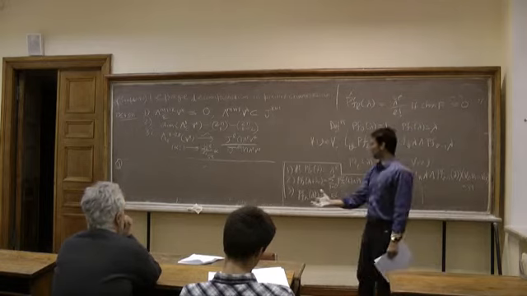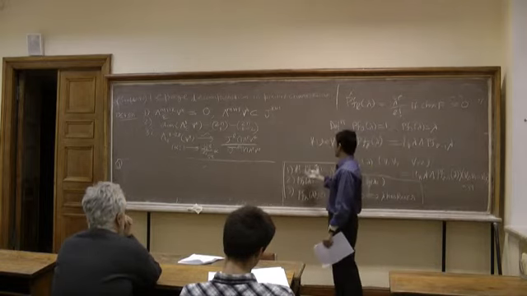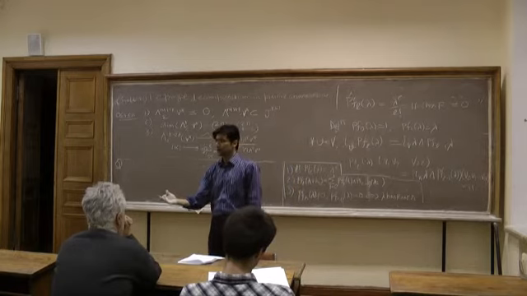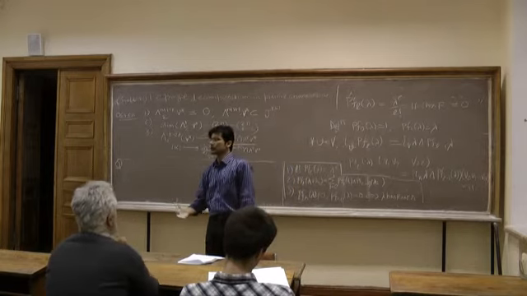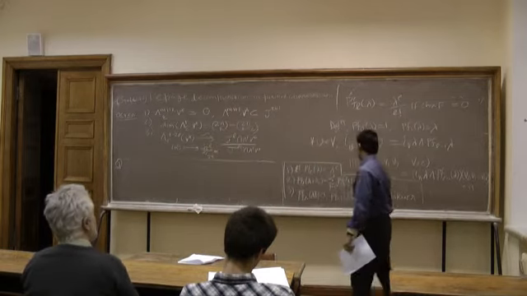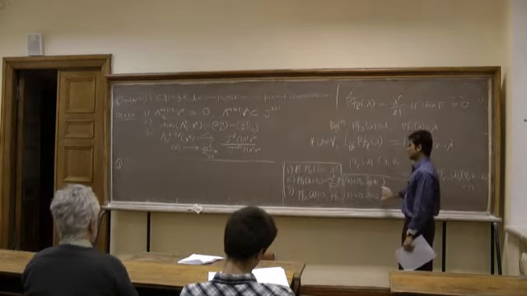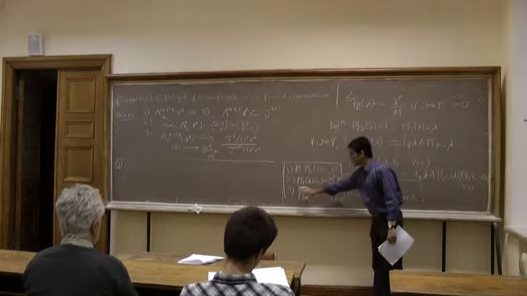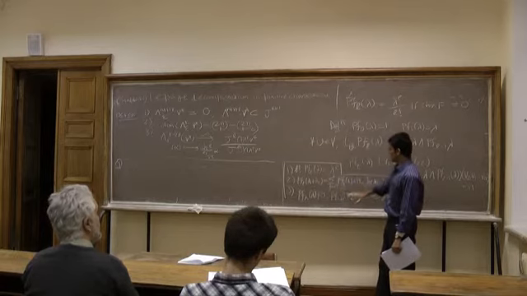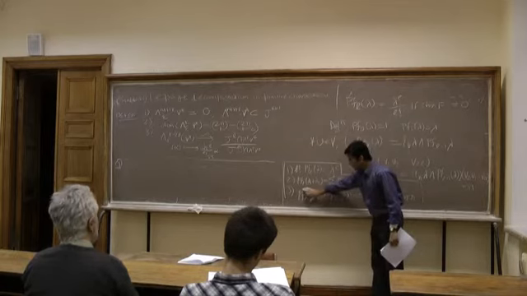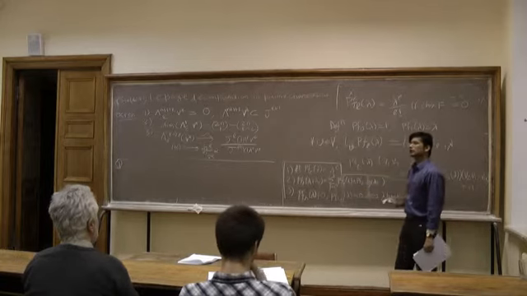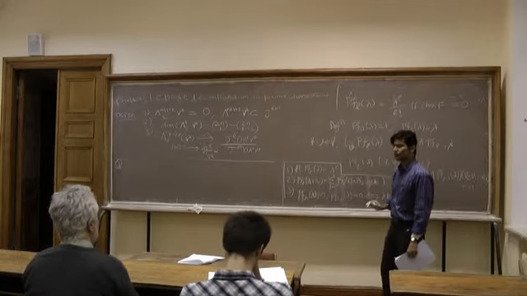When you have a two form, some lambda in wedge 2, there is a notion of rank, which is special only to two forms. It is the rank of the associated skew-symmetric matrix. Pick any basis. That is characterized by this thing. You start computing the first Pfaffian, the second Pfaffian. There will be a stage when the r-th Pfaffian is non-zero, but the (r+1)-th Pfaffian is 0. r is the rank of this two form.